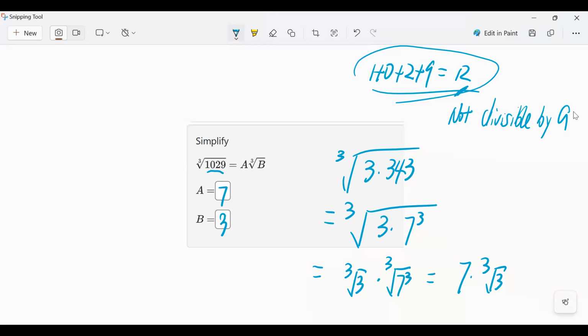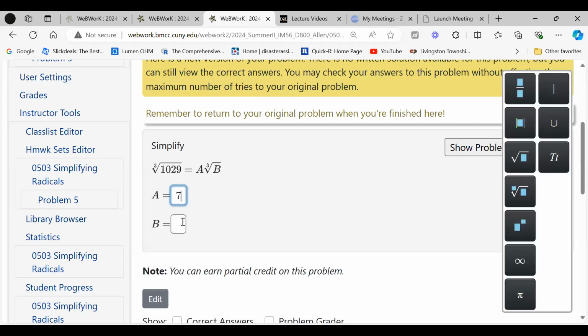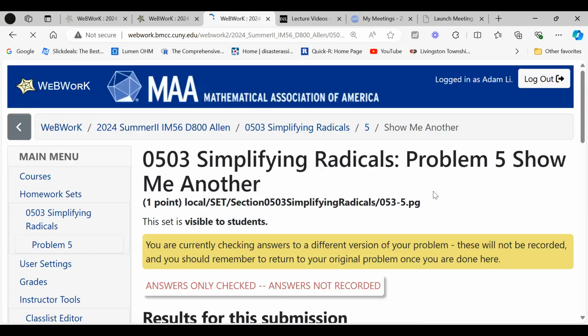What if it's 18? Then it's okay, right? Let's say you sum up all the face values and it turns out to be 18. Then this number could be divisible by 9. That's a quick tip on these special numbers. So it'll be 7 and the cubic root of 3. A is 7, B is 3. Yep, that's good.